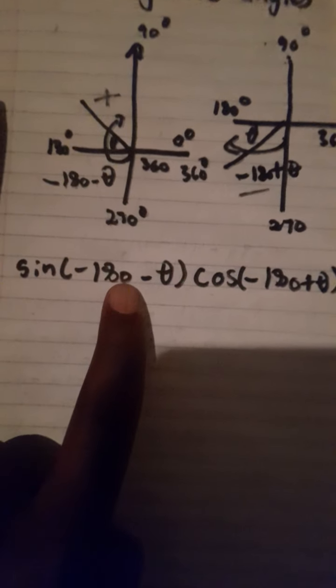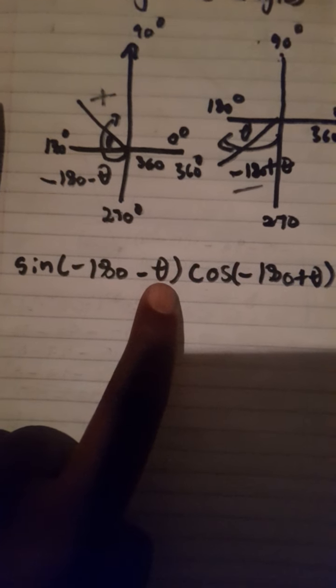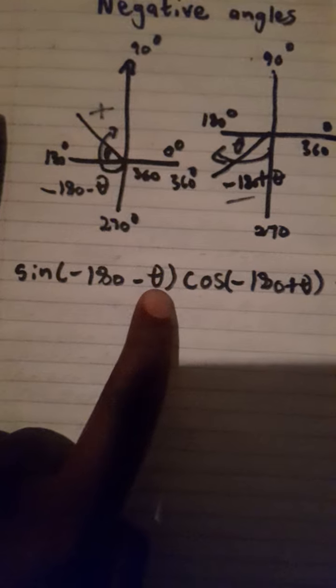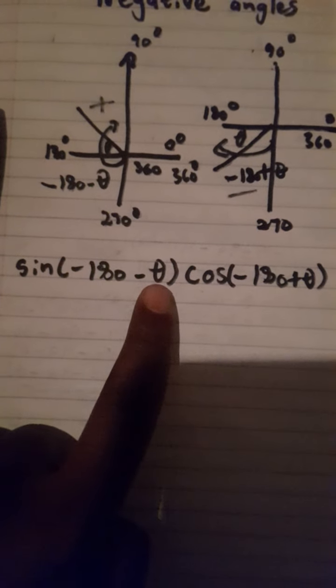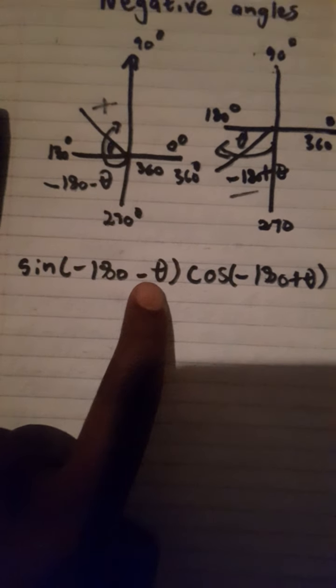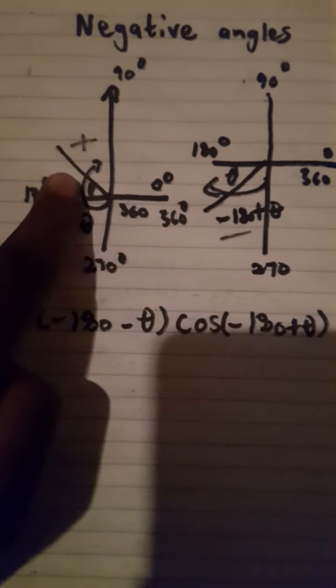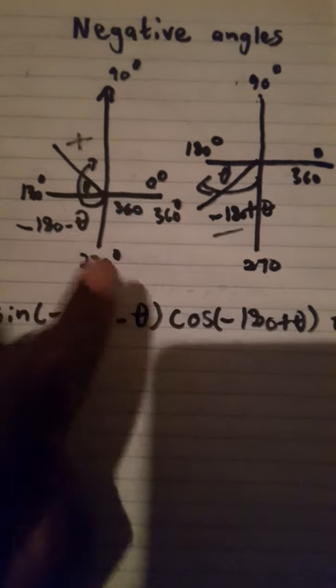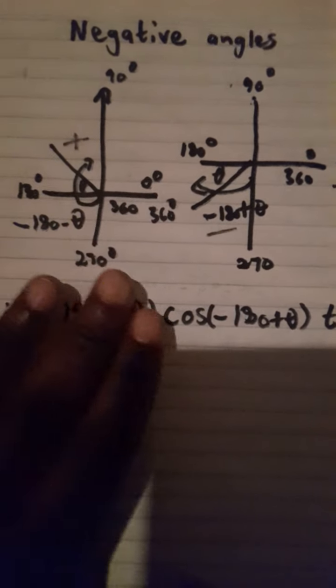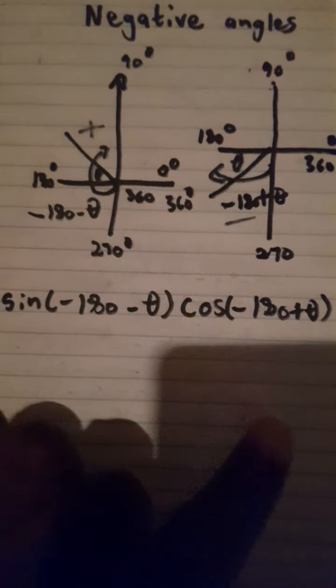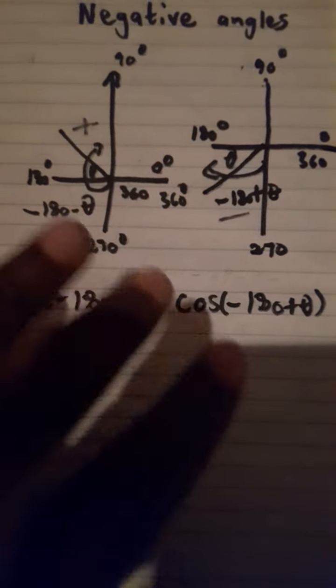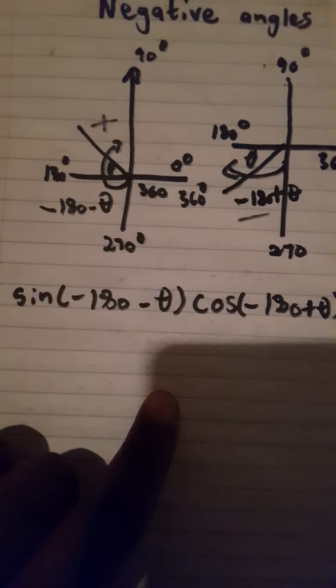Let's start with sine(-180 - theta). It is given as a ratio. Sine negative 180 is equivalent to moving 180 clockwise. Don't forget that these things, 180 plus theta, 360 minus theta, came up because of transformation geometry.